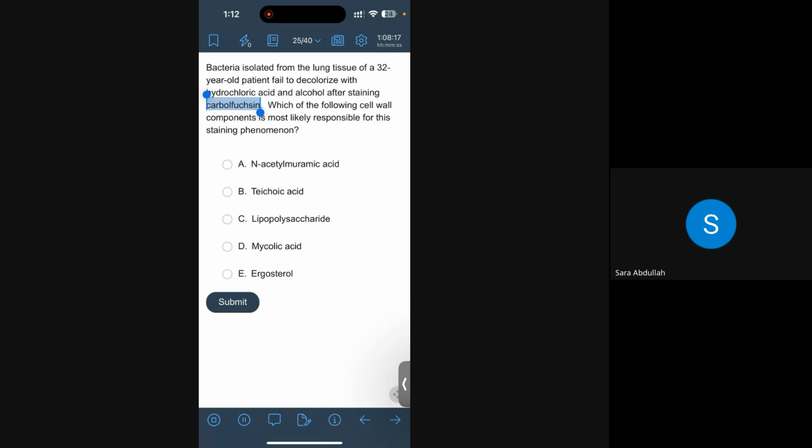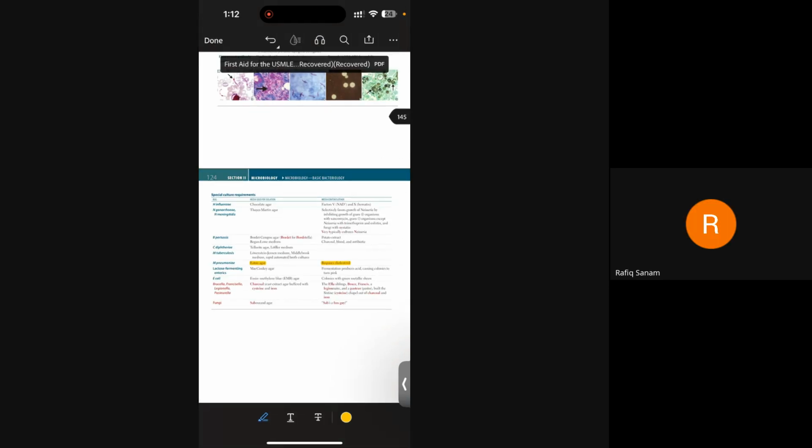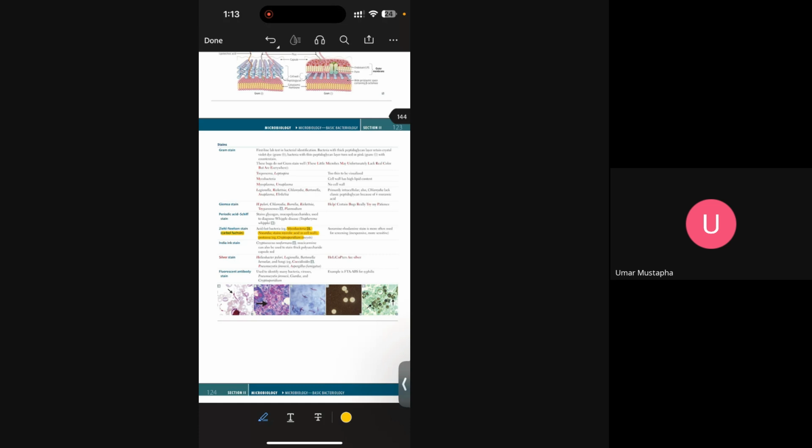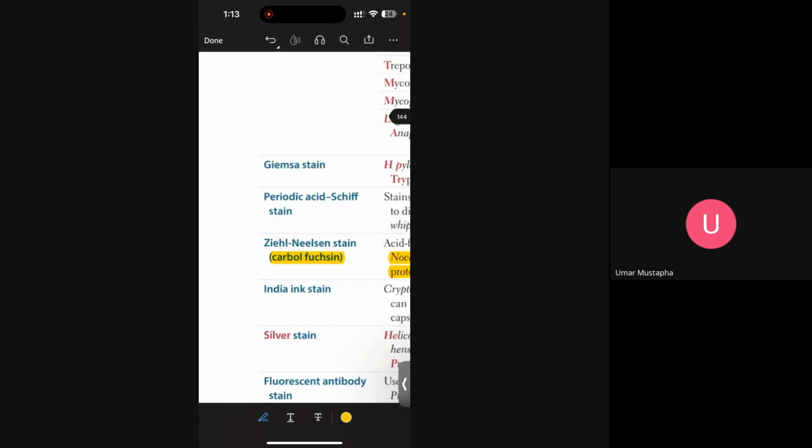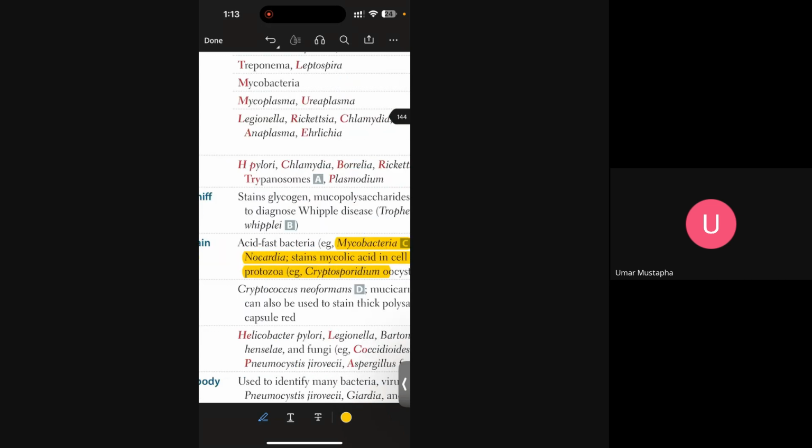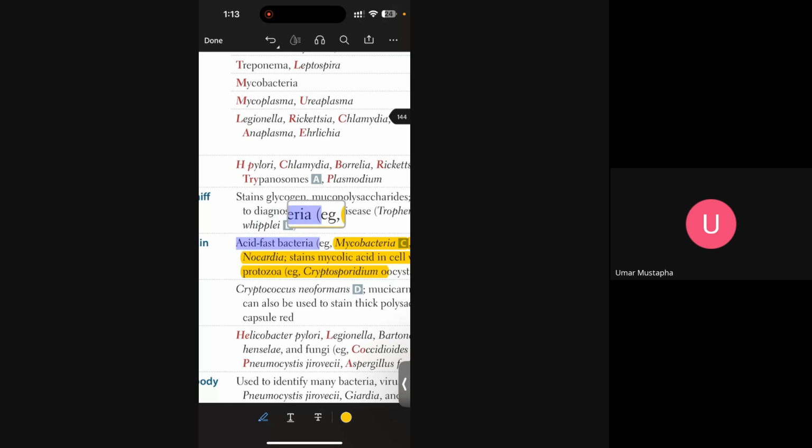Do you know in which staining technique we use carbol fuchsin? Acid fast staining. In the Ziehl-Neelsen stain, carbol fuchsin is used for acid fast bacteria.